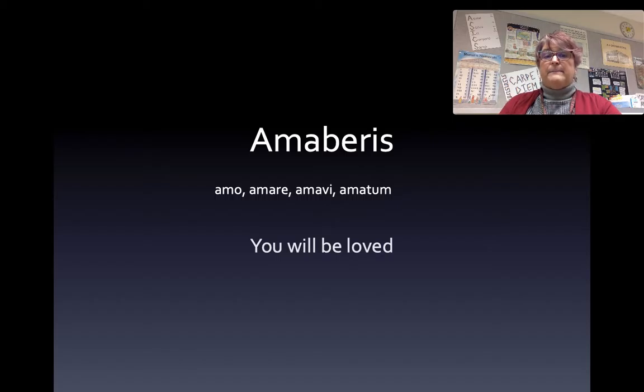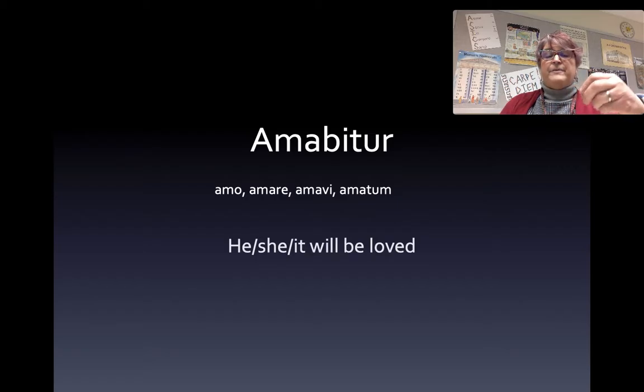That's part of the second person singular ending. You will be loved. Here we see the same verb, but this time in the third person singular form. Again, always notice how you have the base, then the connecting vowel, and that's followed by the ending.